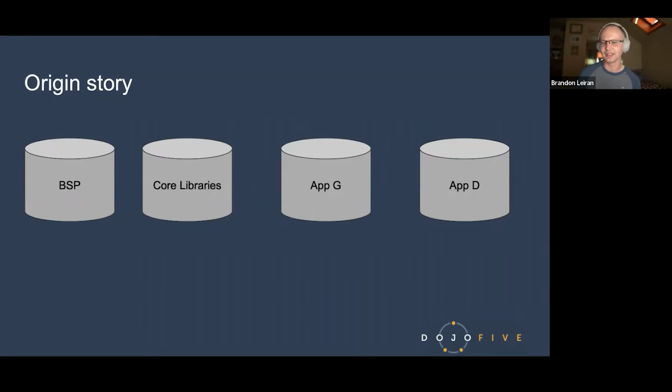You see a BSP, some core libraries that were used by a couple different apps. And I'm guessing that you probably know how many teams were involved with the project based off of that. There were 4 teams involved. And the first thing that our onboarding said to do was go ahead and clone each of these 4 repositories and build the software.